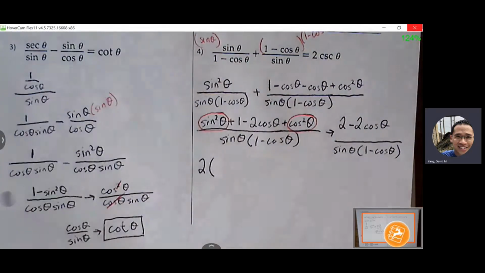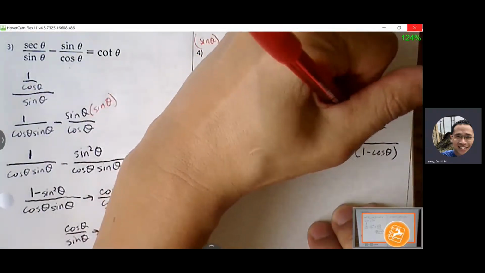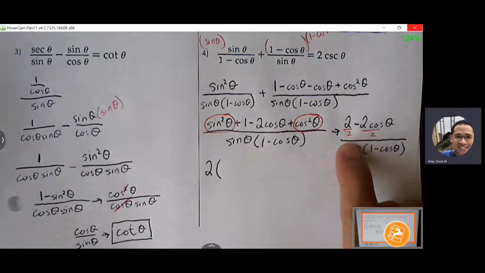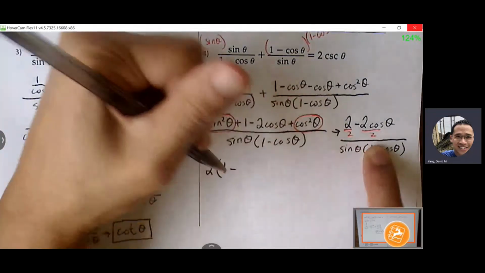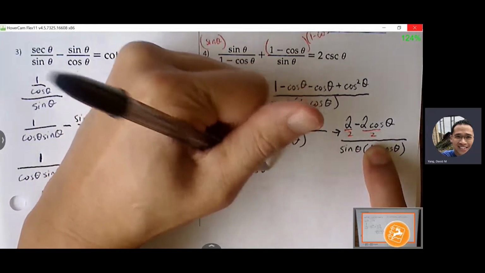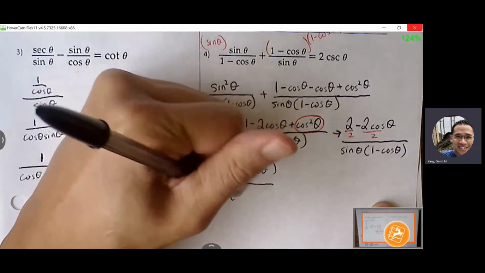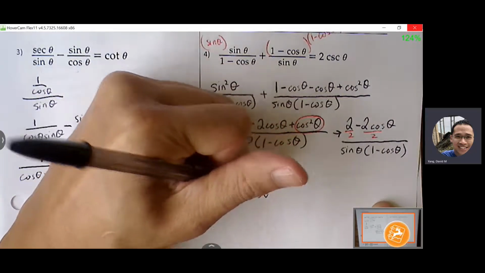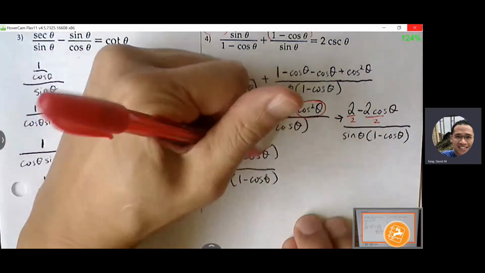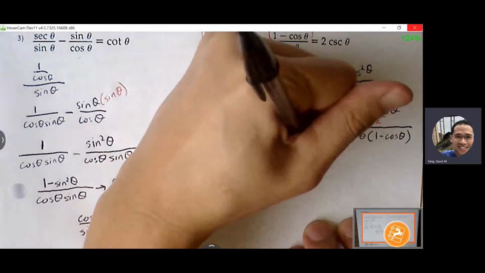But once that 2 gets factored out, what I'm really doing is dividing each term by 2 and putting the leftover in its own set of parentheses. 2 over 2 is 1. 2 over 2 is also 1, but we're left with cosine theta. Got some nice matching terms there. And we're left with 2 over sine theta.